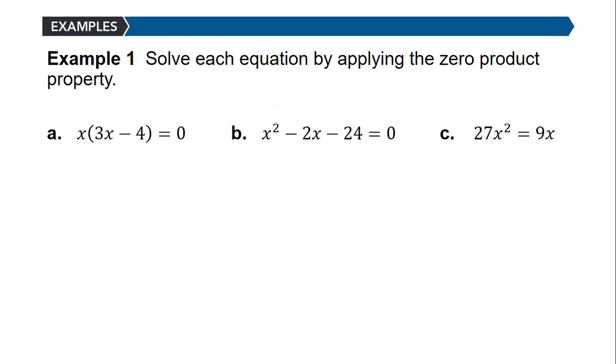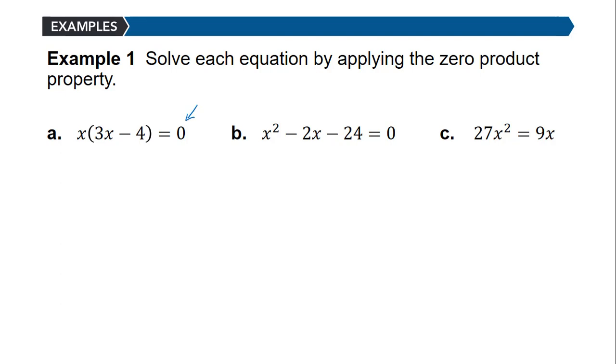I have a few examples that I want to work so you can see this property put into practice. The first one is x times 3x minus 4 is equal to 0. Think about the steps that we just outlined as a checklist. The first one says the equation needs to be in standard form. The real thing I'm looking for there is that one side of the equation has to be 0.